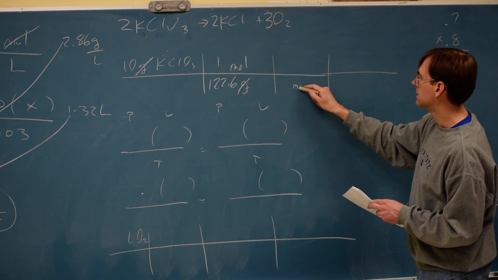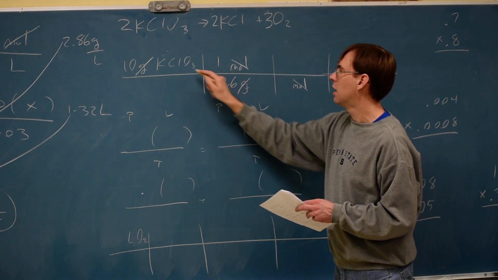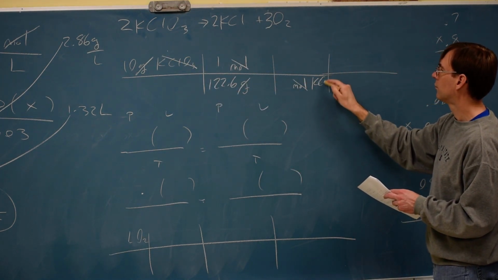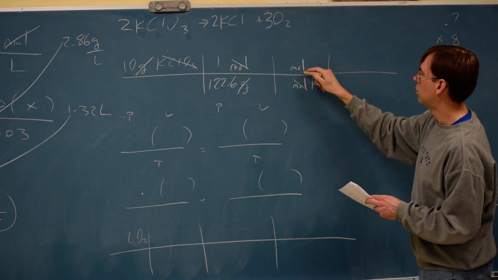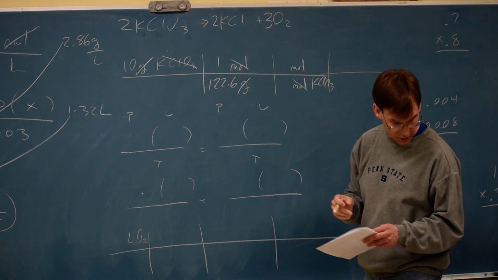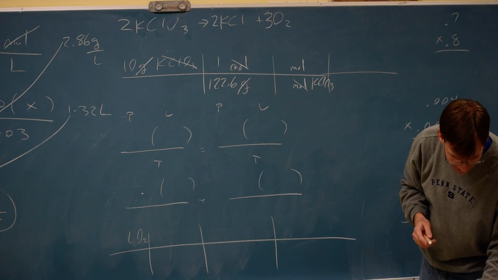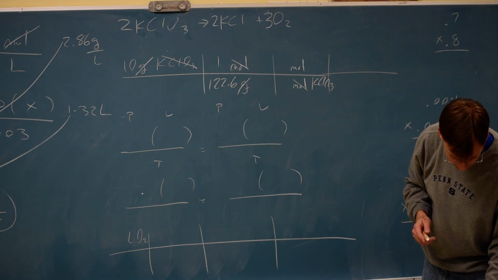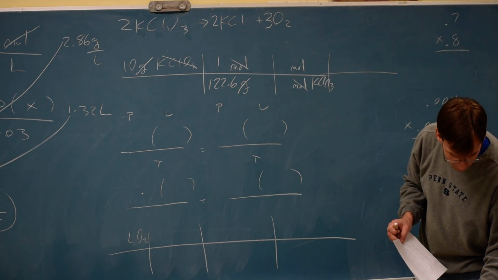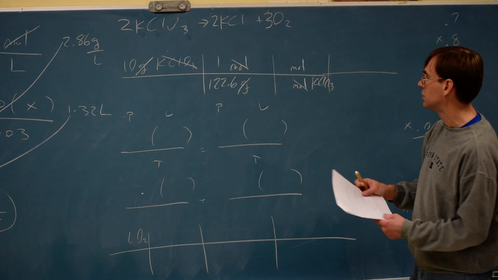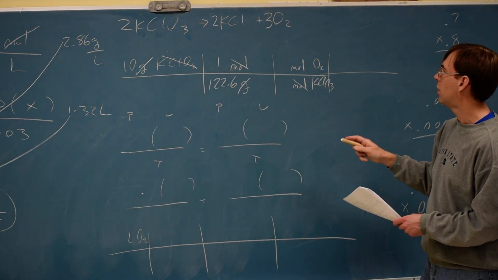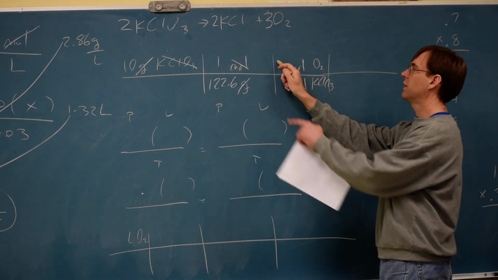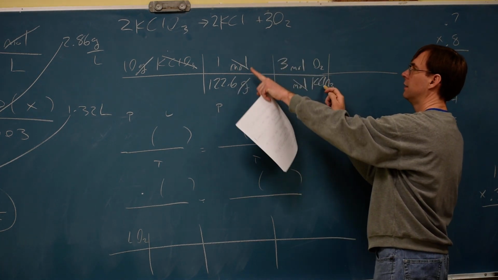Then we had to translate from the moles of the known to the moles of the unknown, which in this question they want potassium chlorate. No, that's a lie. We had potassium chlorate. They want oxygen. So we need to get to moles of oxygen. Coefficient for oxygen is a 3.